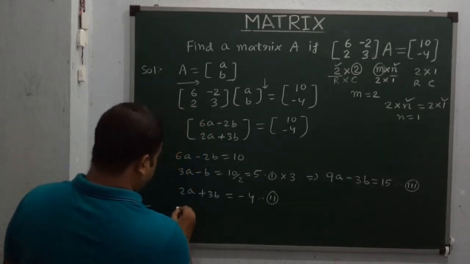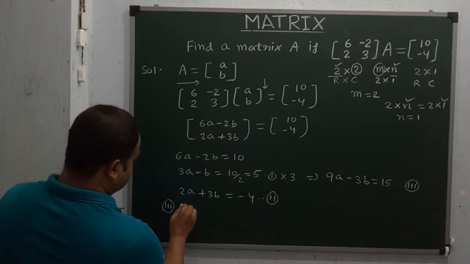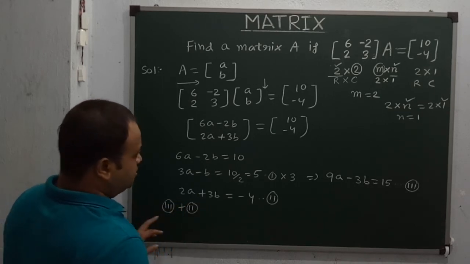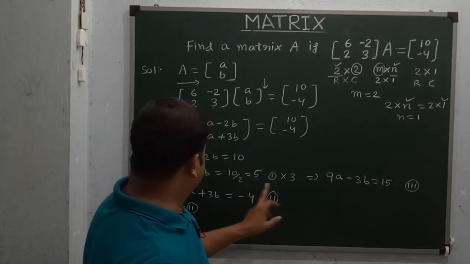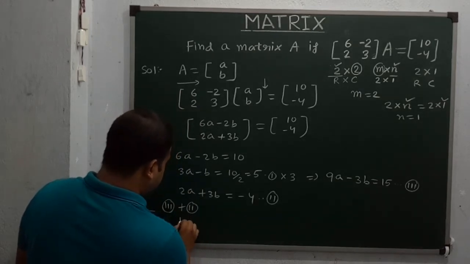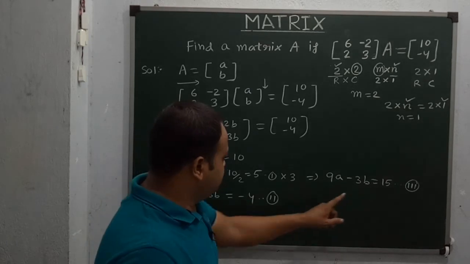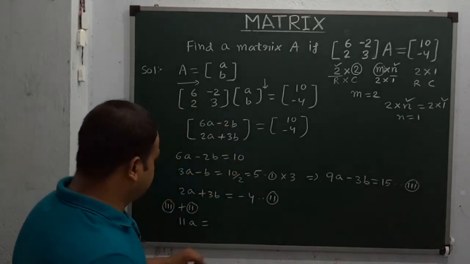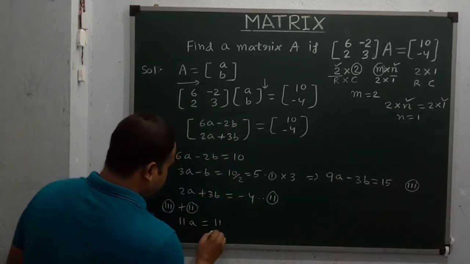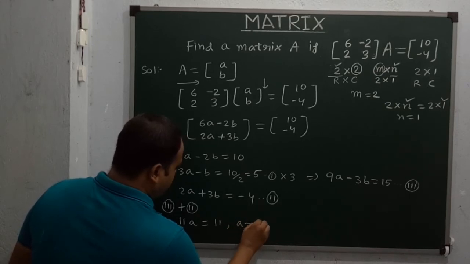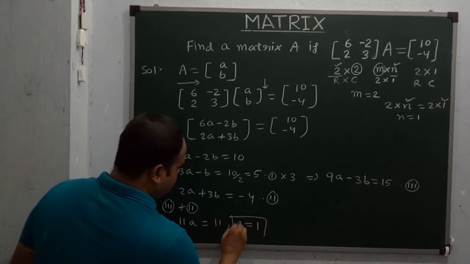If we add equation 3 with equation 2, 3b gets cancelled. 9a plus 2a is 11a equals to 15 plus minus 4, that is 11. So we are easily getting the value of a, that is 1.